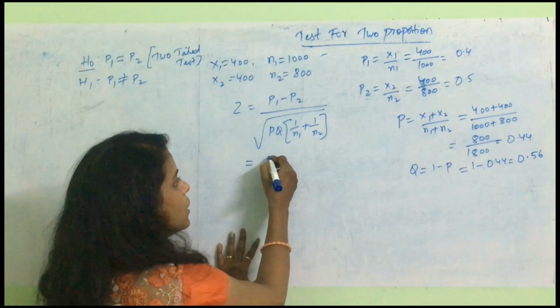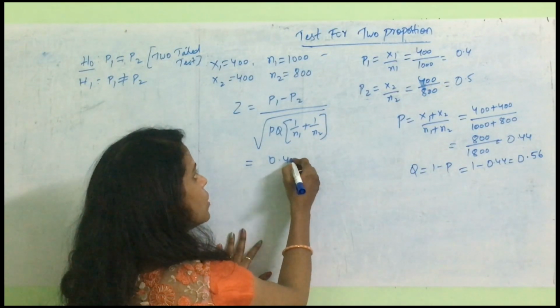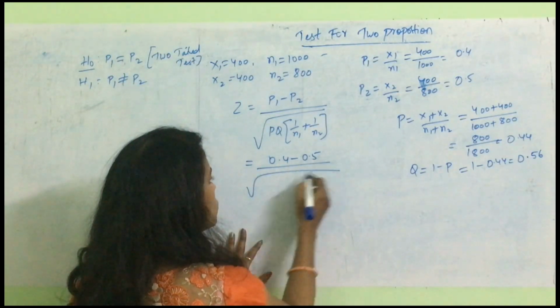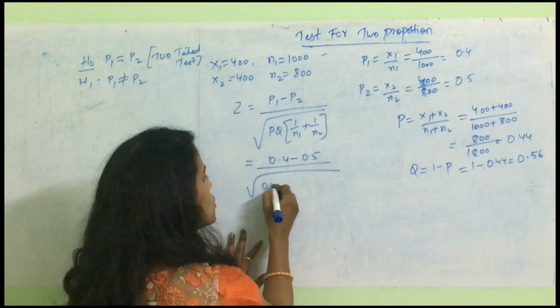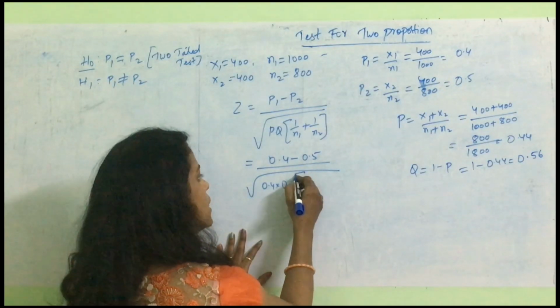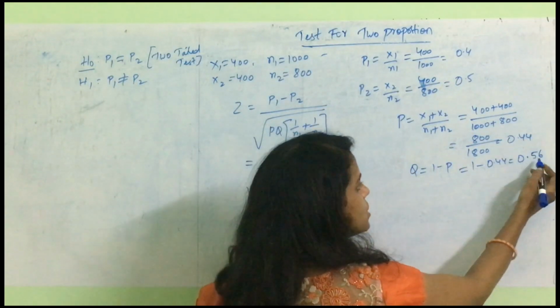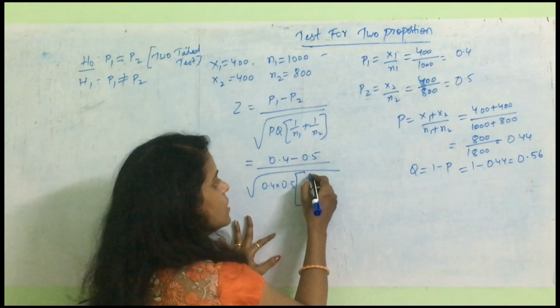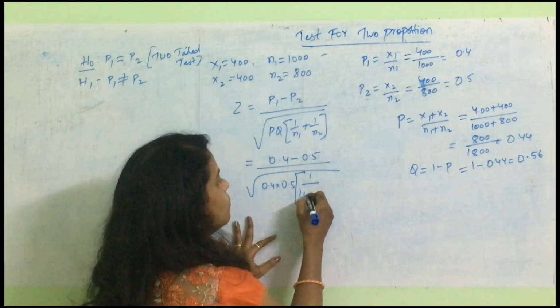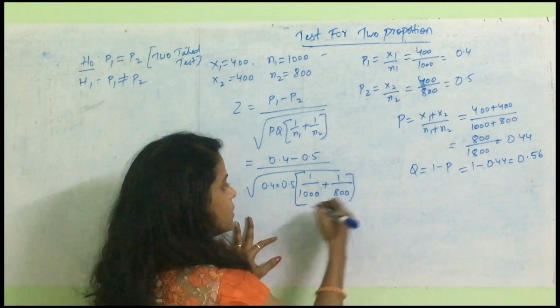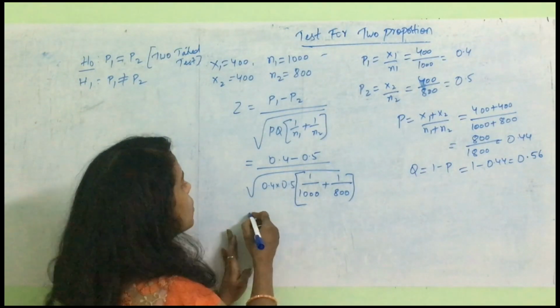P1 is 0.4, P2 is 0.5, by square root of P, which we will take as 0.4, and Q, which we will take as 0.5, because it is 0.44 and 0.56, anyhow we can take it as 0.4 and 0.5. Then 1 by n1, so 1 by 1000 plus 1 by 800.